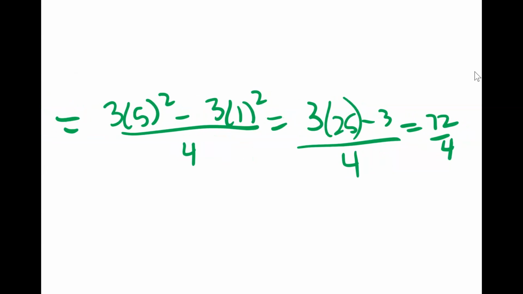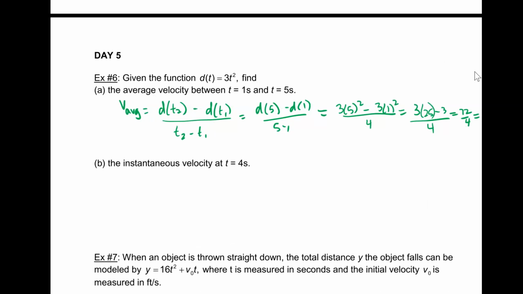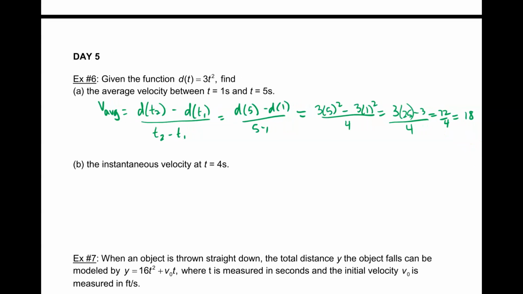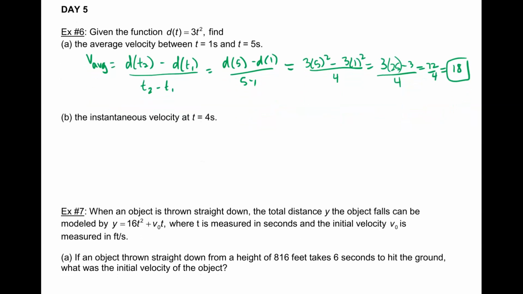Let's see, 18. So it should be 18. It doesn't give us units, so we can just say 18. Okay, so this is the average, and what we want to know is what is the instantaneous at 4 seconds. So the average is 18, but let's see what is the actual value at 4 seconds.